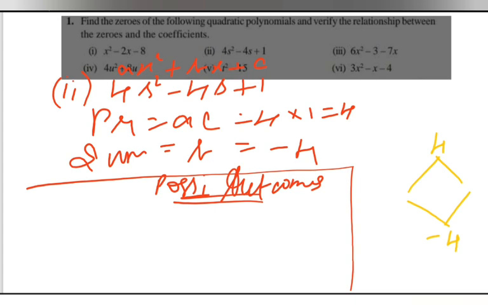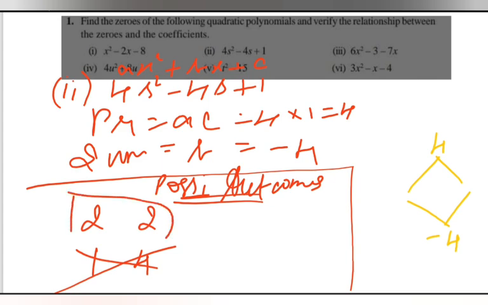We should assume two numbers such that if we multiply them we get 4, and if we sum them we get minus 4. So the only possible digits are 2 into 2 and 1 into 4. We can neglect 1 into 4 easily, because if we sum them we won't get 4, since the difference is only 3. So we should take only the set 2 into 2.